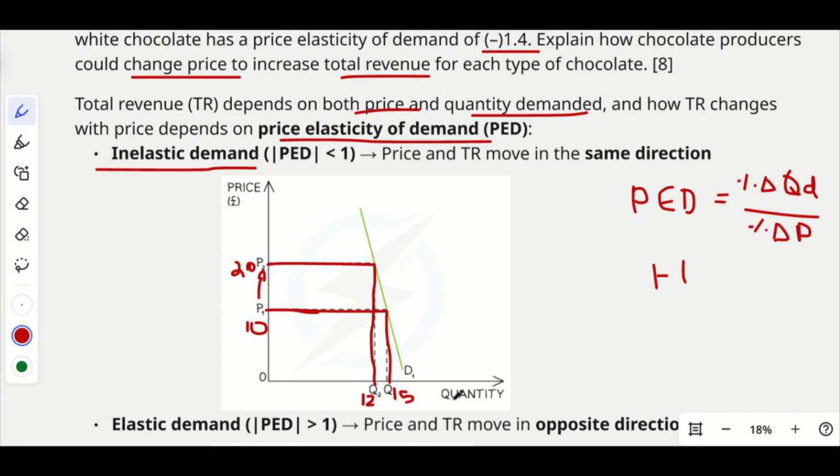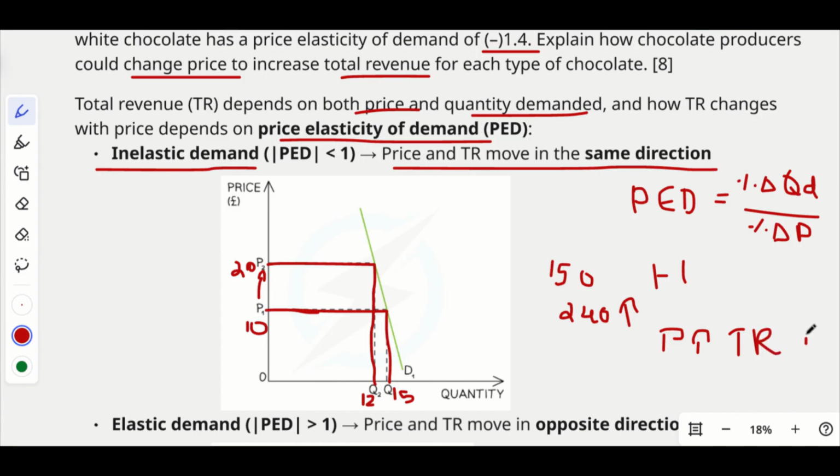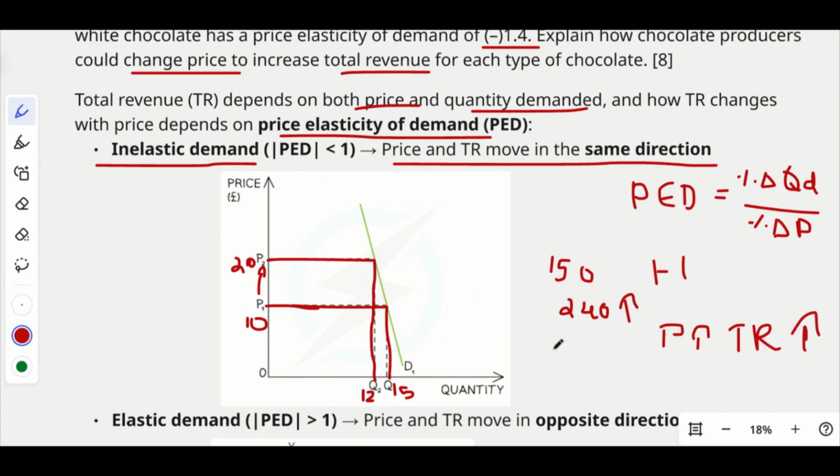Initially we have 150, and later we have around 240. So the total revenue has increased. Price and total revenue move in the same direction. When the price increases, total revenue also increases. That is the case in inelastic demand. Got it?